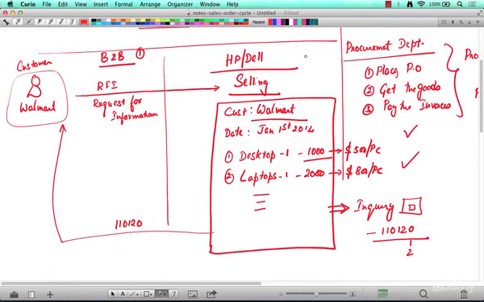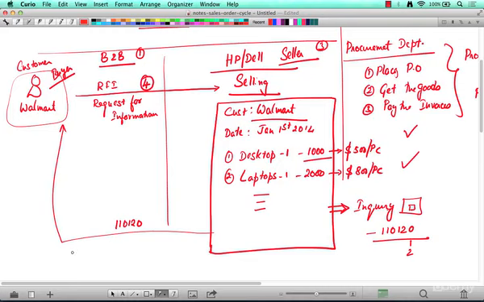Number 3, we have decided to understand the sales order cycle with an example, and we have taken HP or Dell or any of these computer manufacturers as the seller and Walmart as the buyer or customer, and we started to understand the interactions that happen between the seller and the buyer in a typical sales scenario. The first interaction that we started with, that was point number 4, is an RFI.